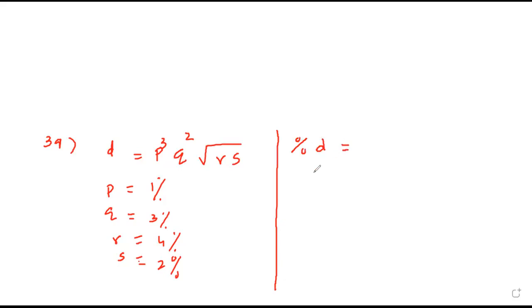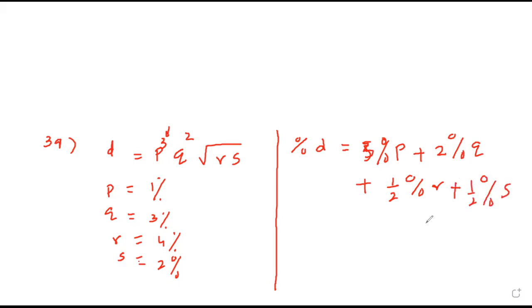Percentage error in D equals 3 times the percentage error in P, since the power is 3, plus 2 times the percentage error in Q, plus half the percentage error in R, since root means power half, plus half the percentage error in S. Whenever we are finding percentage error, we add all the errors, whether it is multiplication or division.